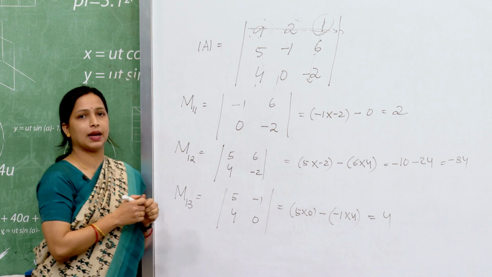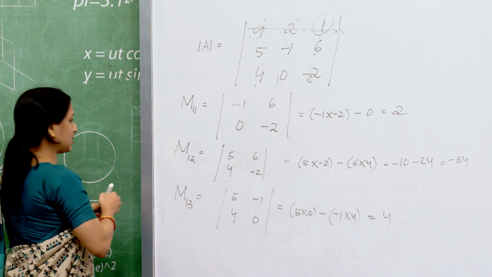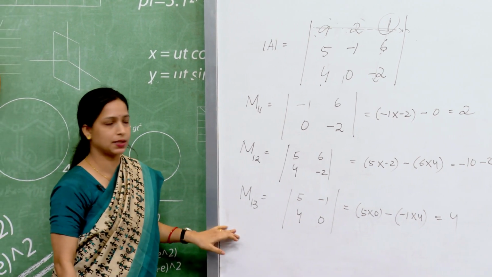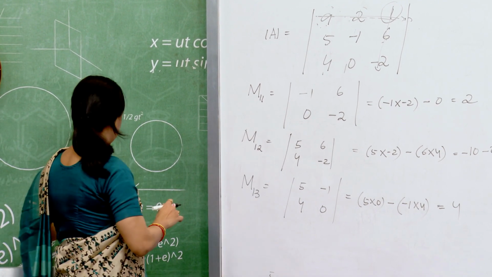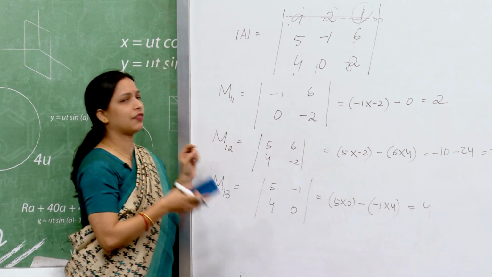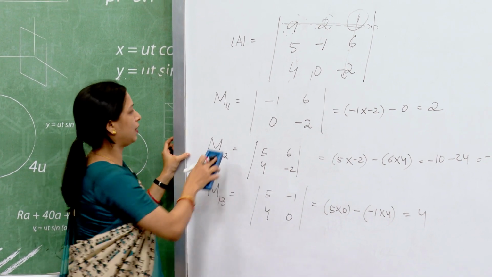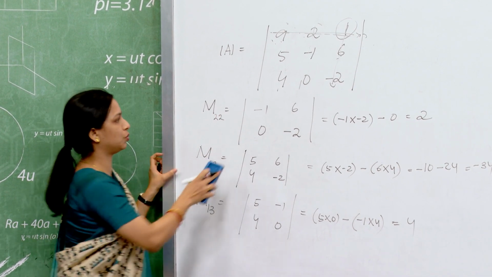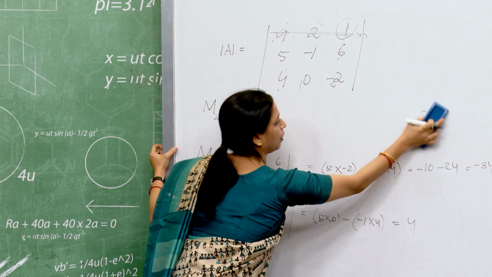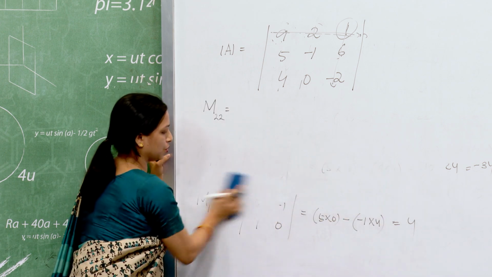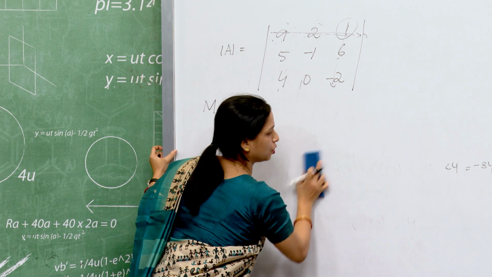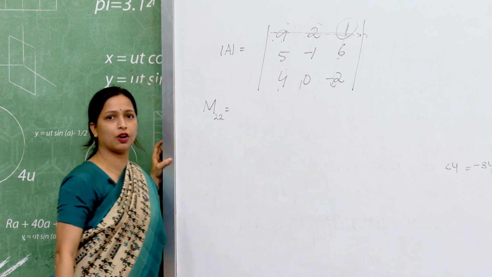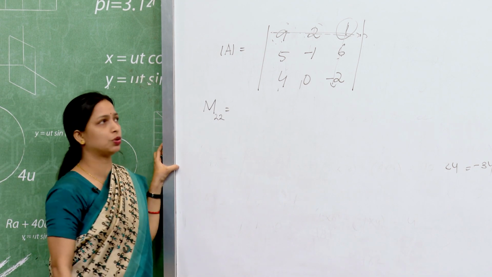Okay. Now, this is how you find out the minors of different elements. Let us take a random element. Let us say, if in the question it is given, find the minor of M22, right. Now, how to find the minor of M22? Same steps you have to use. M22 means the minor of A22. Where is A22?